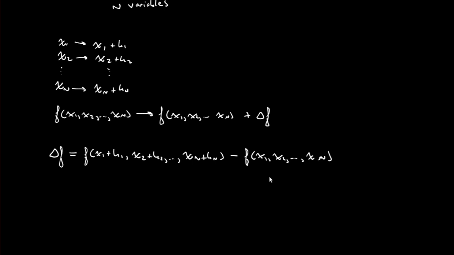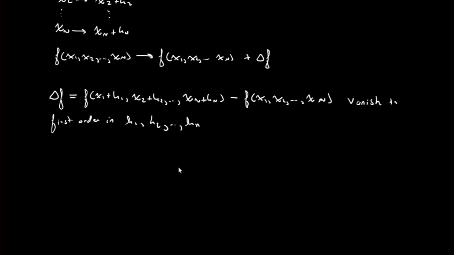And if our function is stationary, we hope that for small displacements h1, h2, all the way to hn, we want this to vanish. We expect this to vanish to first order in the displacements h1, h2, all the way up to hn.